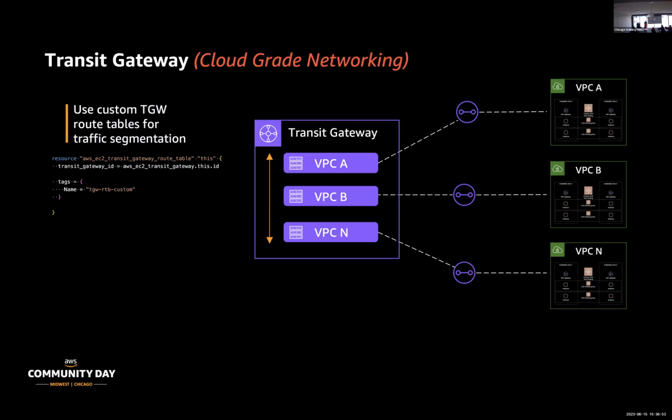To do this is pretty simple. You create a resource, just a route table essentially, specific to the transit gateway, and I'd say it's basically a one-to-one mapping per attachment.